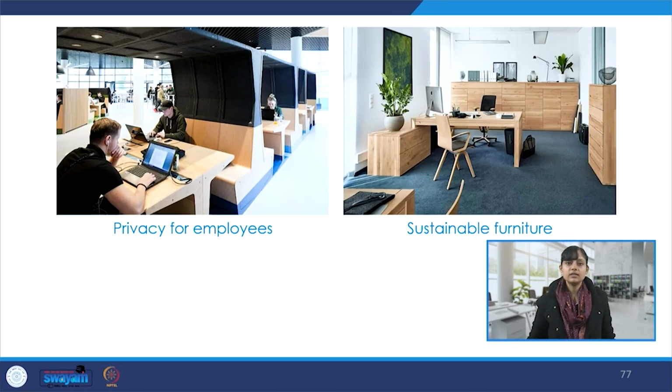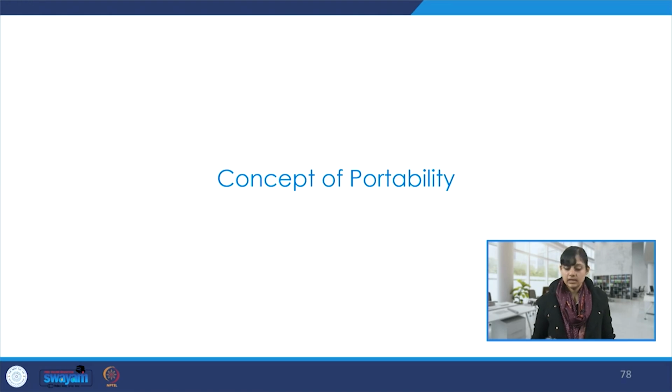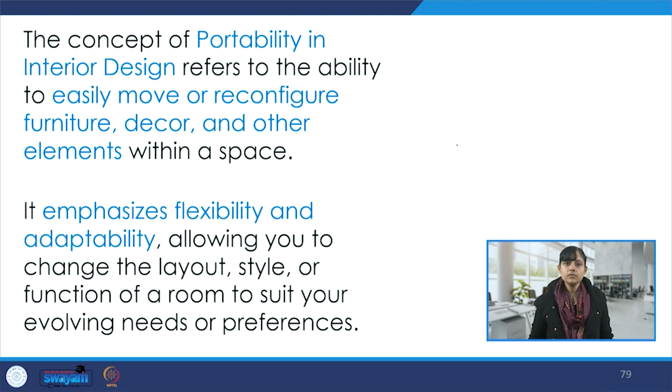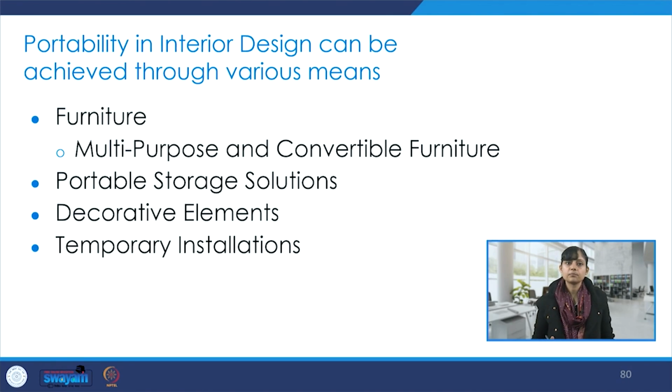Some examples like this. And then we moved on to discuss portability. So again, how the concept of portability in interior design is revolutionizing our designs, how it is important for providing flexibility, adaptability, and it can suit the evolving needs and preferences of the clientele, of the users, and can provide a variety of options for the space design.